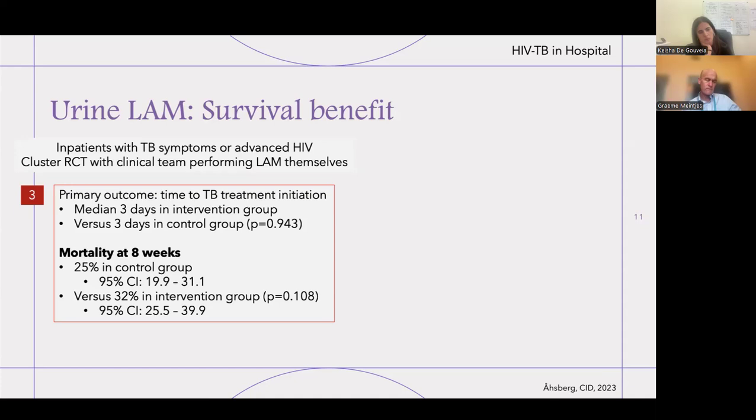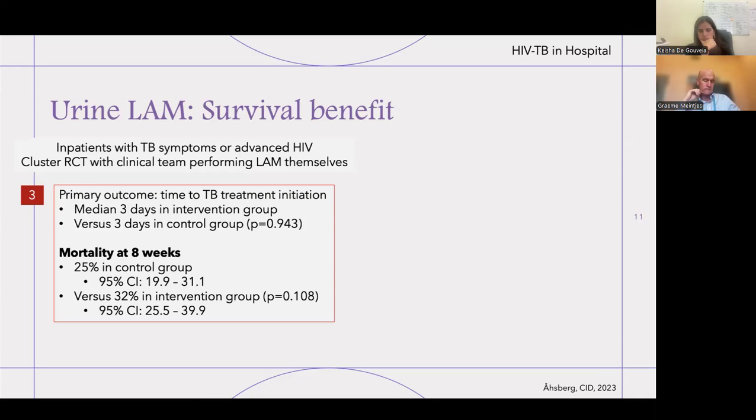So it was trying very much to reflect real world practice and removing the testing of LAM from the study teams and giving it into the hands of the clinicians. One other major thing that could potentially bias these results is the timing of this trial. It initiated around 2019, and as of course we know, the COVID-19 pandemic happened, and it ran up until I think 2021, 2022 when the trial finished.